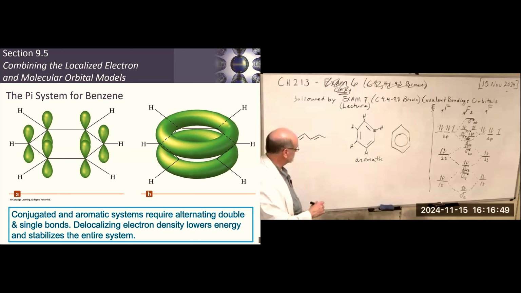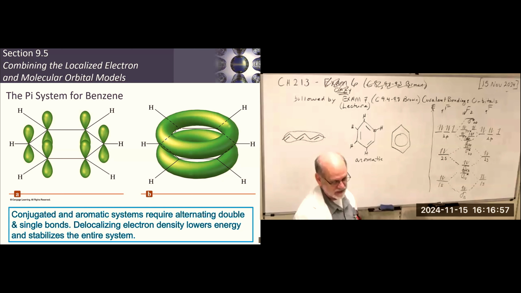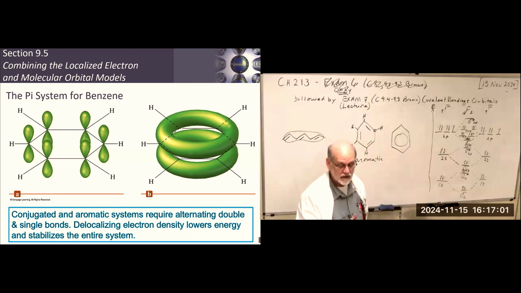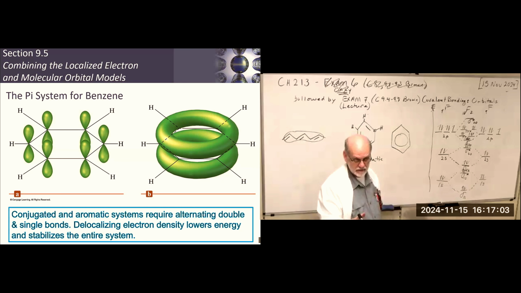And the conjugated systems redistribute their electron densities over all of those bonds, and that stabilizes them. It lowers their energy. And you can detect that stabilization with their absorption wavelengths in a spectrometer.